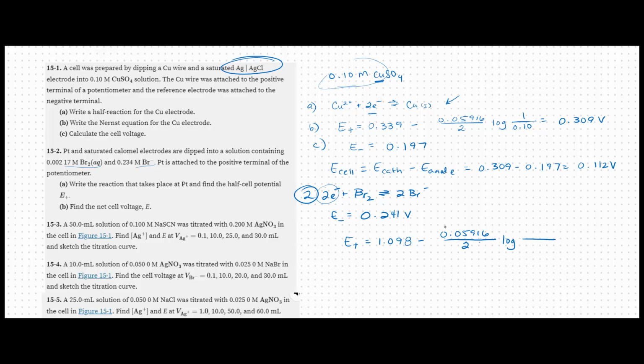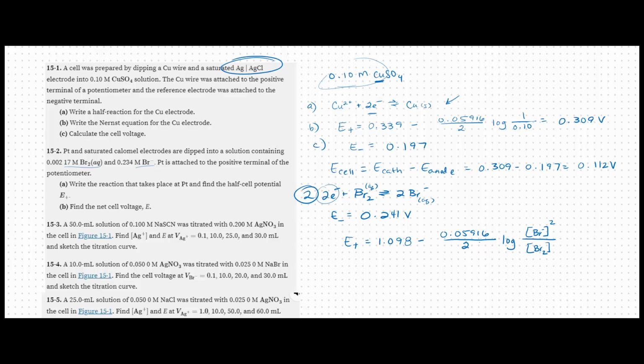Well, in this case, these are both aqueous, so they are both part of my Q value. So I need the concentration of the bromide squared because it's my product and there's a 2 for the coefficient, divided by the concentration of my diatomic bromine aqueous.